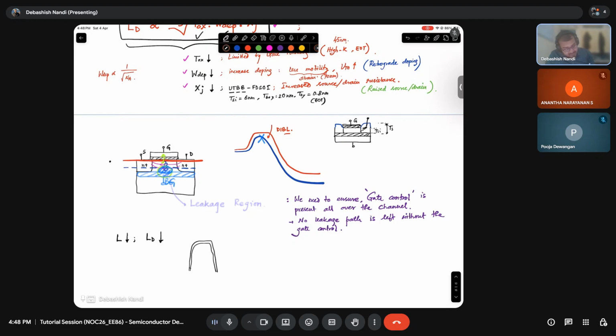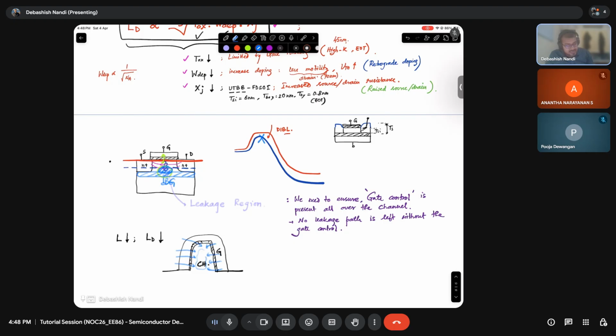Now if that is my fin structure and this is the oxide, and let's say this is my gate and this is channel. So what can I see? I can see that my gate has control from all directions, right?